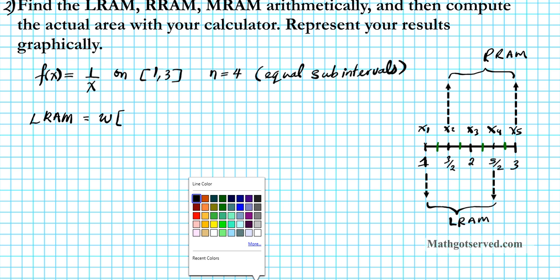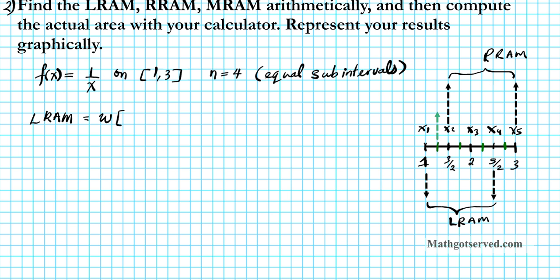We use a different color so you can see what it looks like. So we're going to go from here all the way to there. And these are the x values for our midpoint rectangular approximation. Okay, so this is for MRAM there.